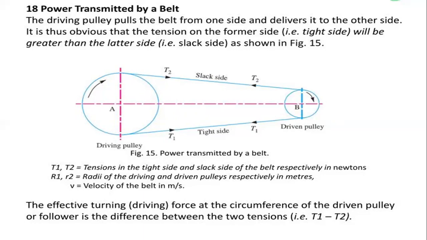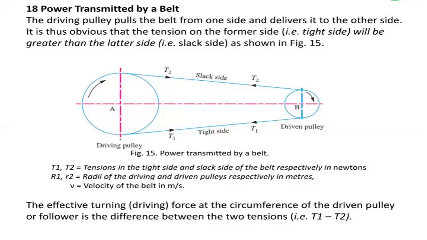Now see the figure there. Here A is the driving pulley and B is the driven pulley. As commonly seen in all pulleys, the belt has two sides, the slack side and the tight side.